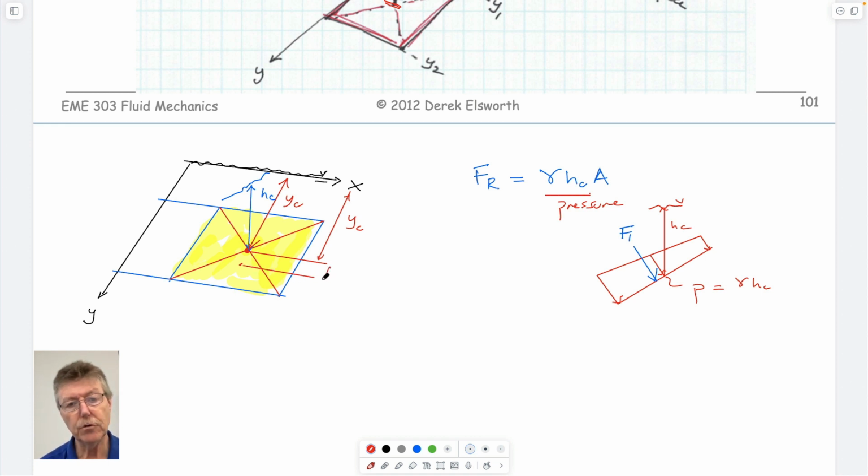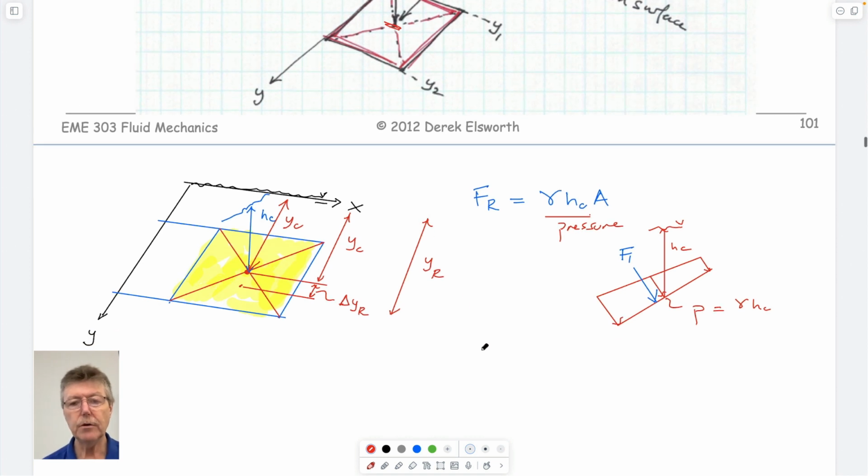I'm going to call this small amount, actually I'll write it in line with this because I can. I'm going to call this delta y_r. And so that together, these two things are equal to y_r. And y_r we just wrote as whatever it was up there.